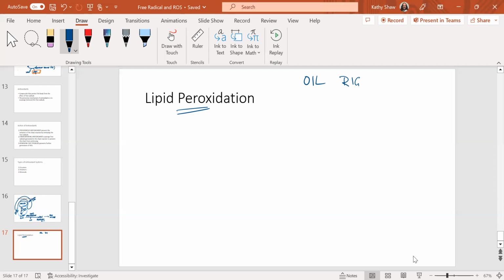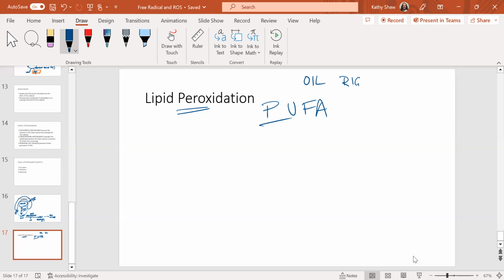So the particular lipids that are prone to peroxidation are our polyunsaturated fatty acids, PUFAs. So the poly part is what makes the particular part of this molecule susceptible to the peroxidation. They're prone to the peroxidation, and it's not really that they want to get peroxidated.